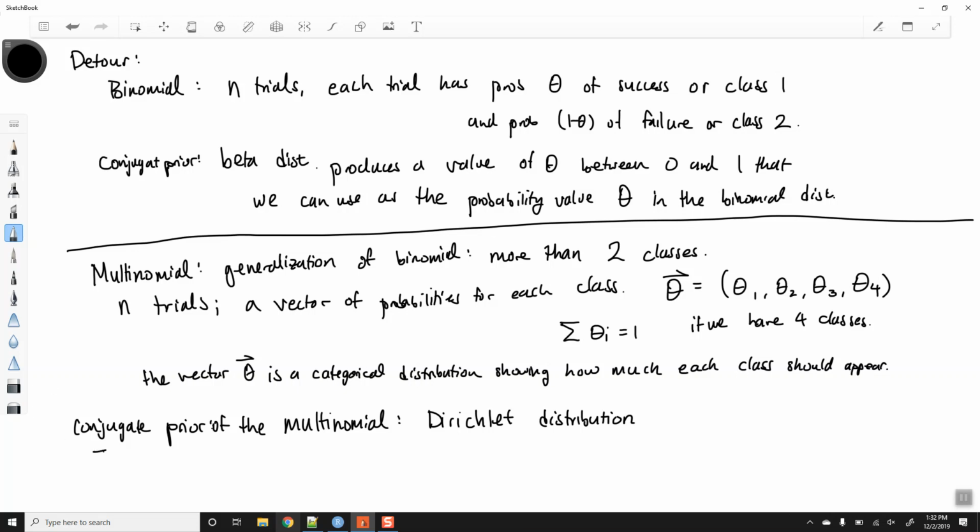So the Dirichlet distribution will produce a vector theta that we can use in the multinomial distribution.